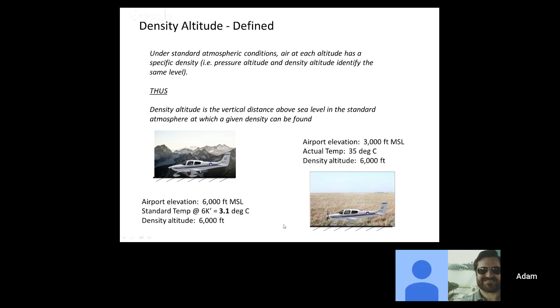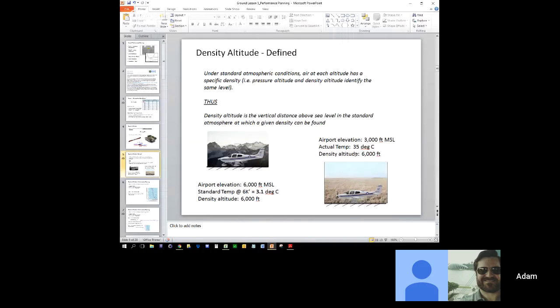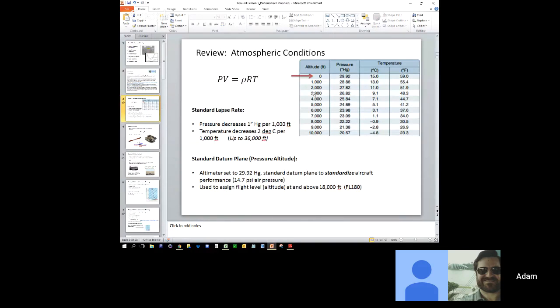If I'm in Texas, well, not really even Texas. If I'm down at 3,000 feet and my temperature is 35 degrees Celsius, my density altitude is still 6,000 feet. And the reason for that is, if I go back to my chart, remembering the value 35 degrees Celsius, the standard temperature at 3,000 feet is really 9.1.